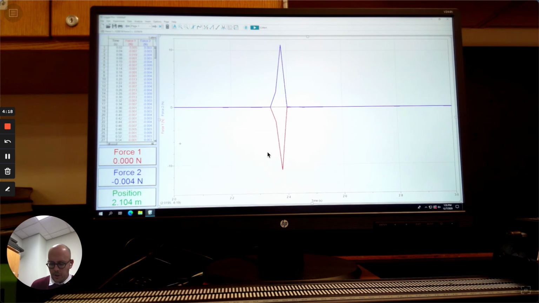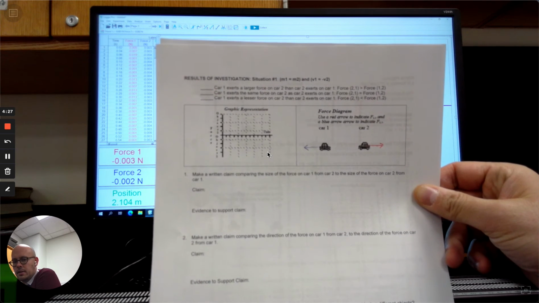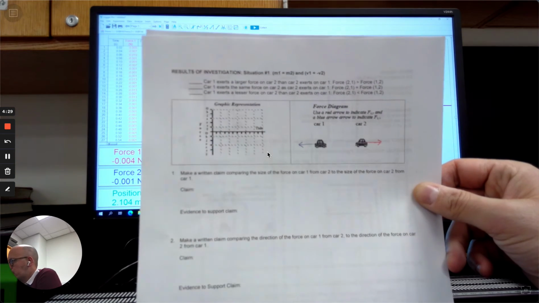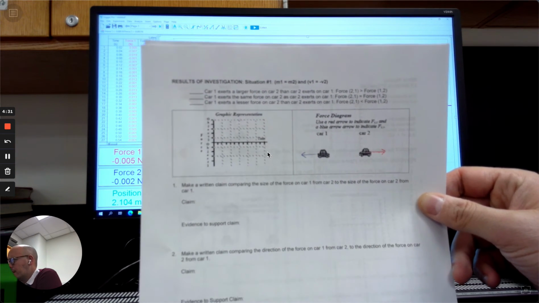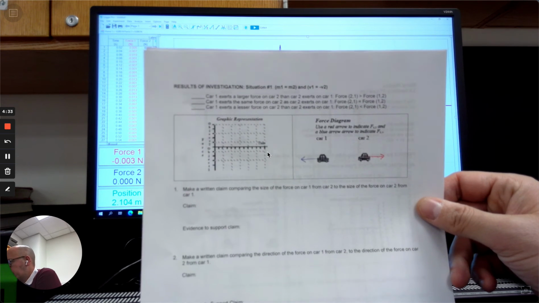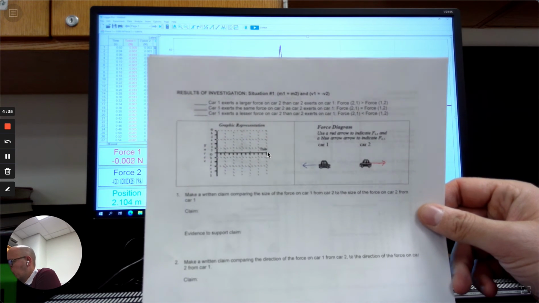F21 is the force of car 2 on car 1, and so you're going to draw a blue arrow to the left. The force diagrams should look like this. Car 1 pushes car 2 to the right. Car 2 pushes car 1 to the left. That way you can say which way they were pointed.